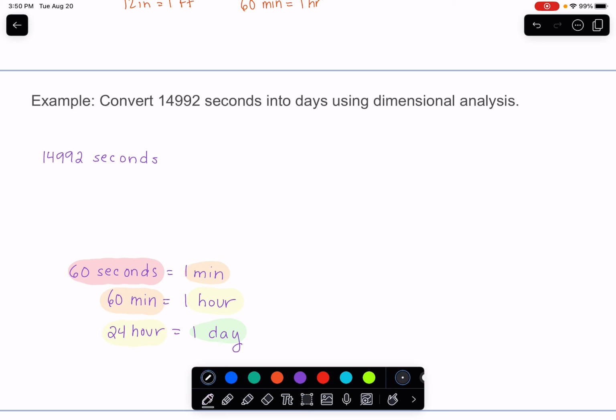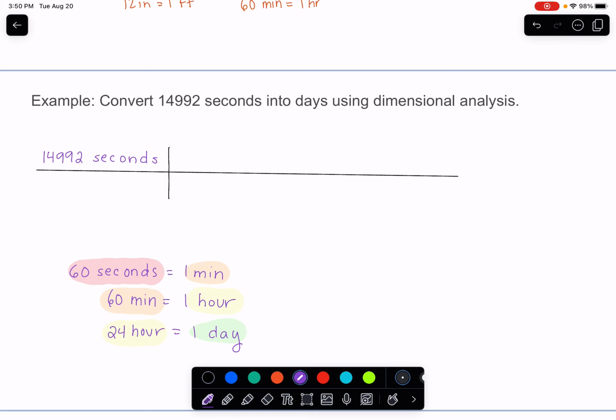All right, so the first thing that you want to do is set up your dimensional analysis. There are several ways that teachers like to do this. Personally, I like to use boxes. Some teachers like to use fractions instead, and they'll both give you the same answer, so it doesn't really matter which way you set it up.